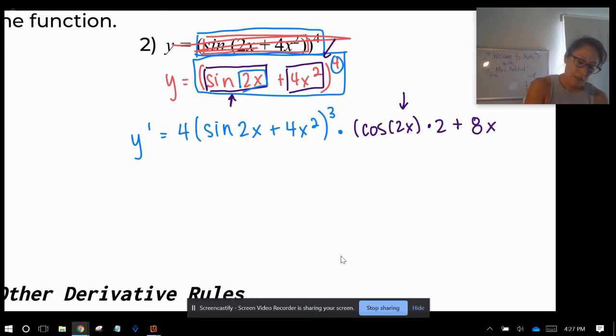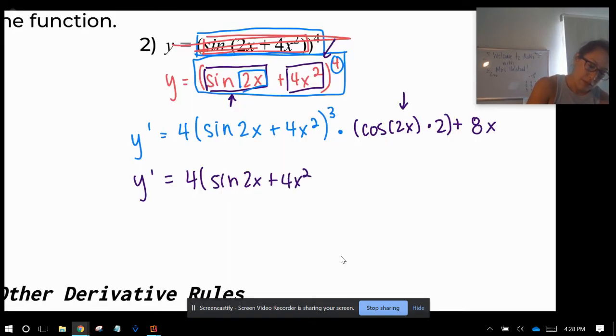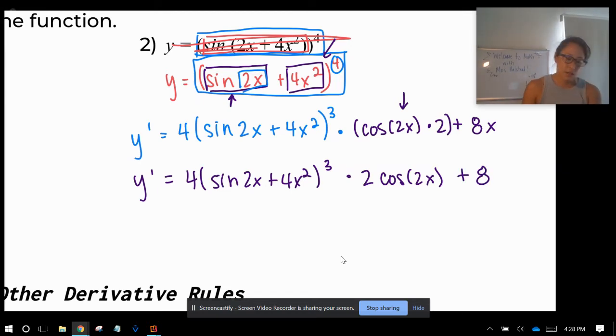All right, now we just go ahead and simplify, giving us y prime is equal to 4 times the sine of 2x plus 4x squared raised to the third power times 2 cosine 2x plus 8.